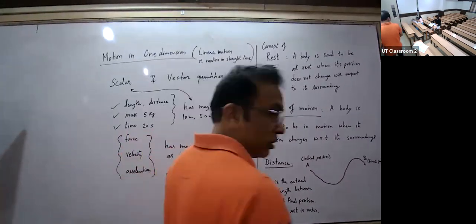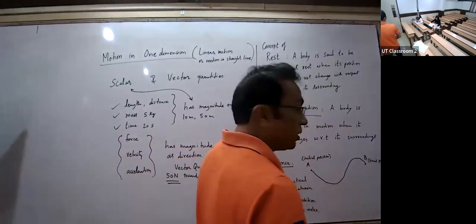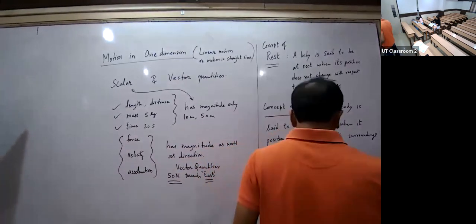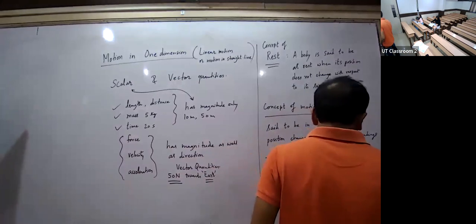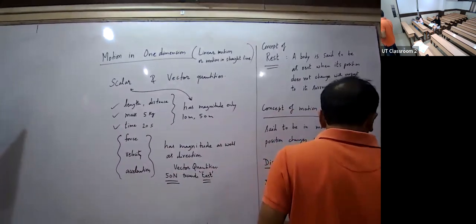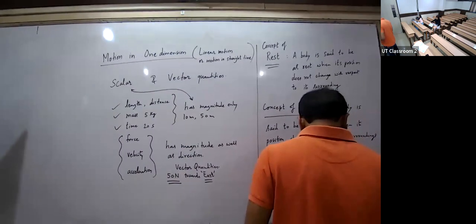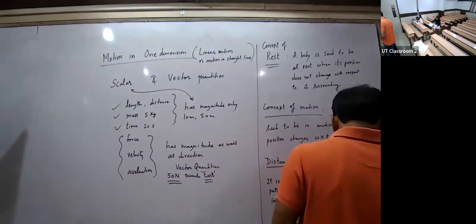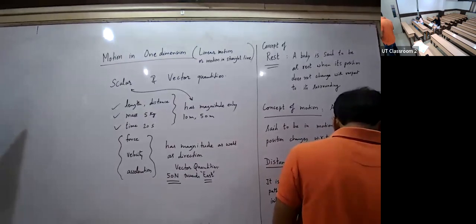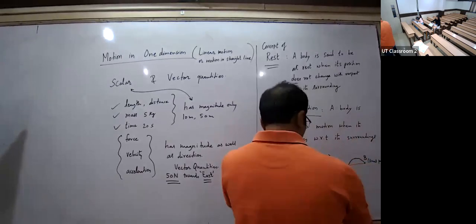But if the body travels from A to B directly like this, let's say it flew in a plane. It went to B directly. How can it reach B directly?